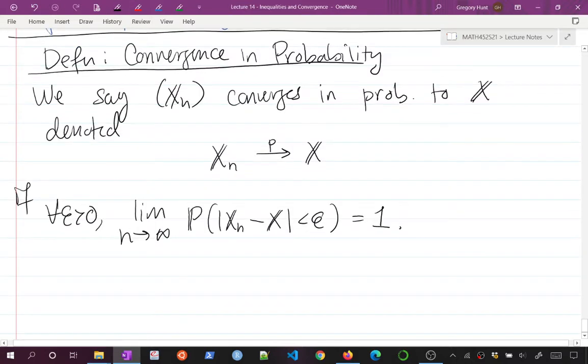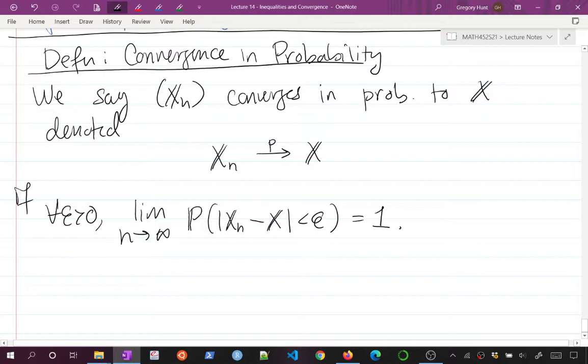So what is this saying? It's saying that I'm going to choose some threshold epsilon, and I'm going to look at, at some point in my sequence, the distance of Xn to X. How far is Xn from X?